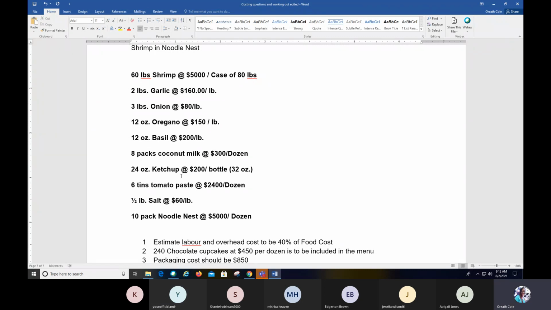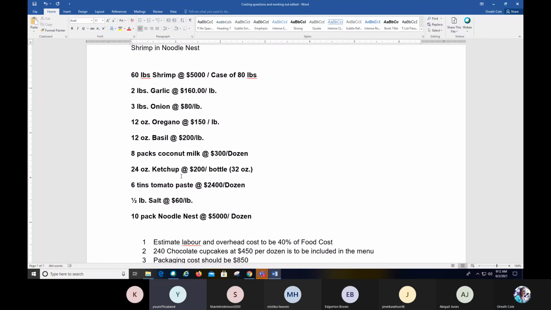Look at it. The shrimp is $5,000 for the case of 80 pounds. How would we find the cost for 60 pounds of shrimp?